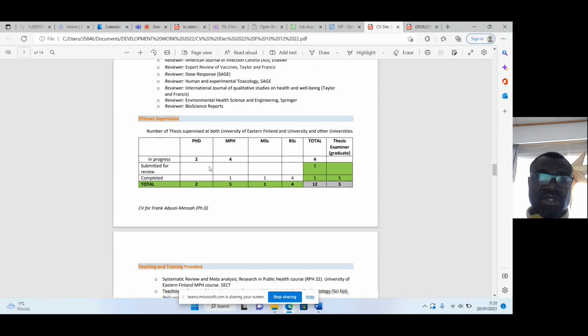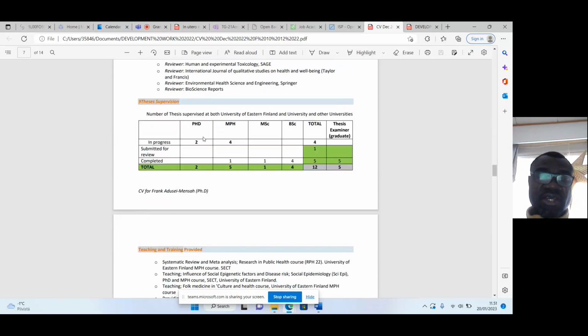And so the list of students you have supervised, and here outline very clearly how many PhD students supervised or being supervised, because if it is in progress, you state in progress, submitted for review or completed, and then master's or MPH, and then MSc, BSc, and then the total.